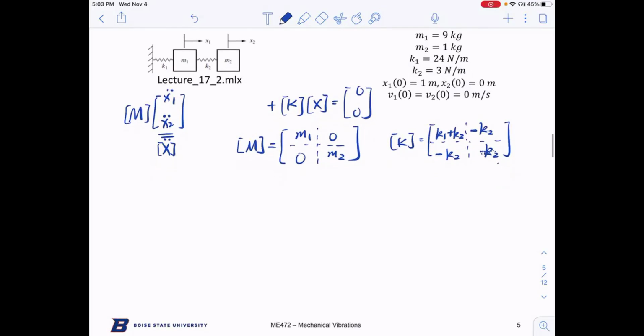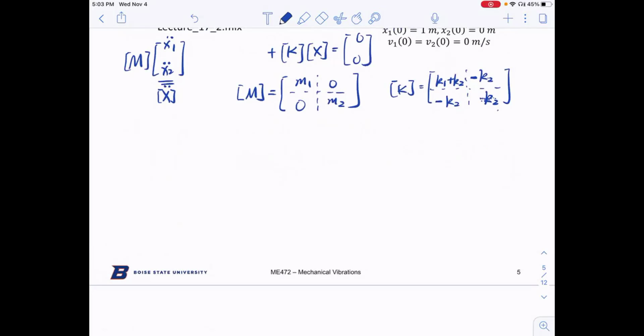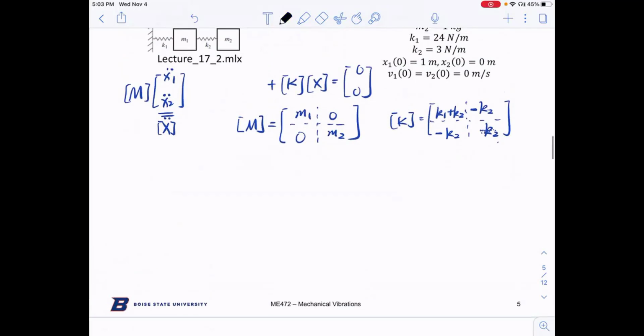All right. So the next step is we need to solve these in state space. To solve these in state space, you need to define a state variable first. Let's define it as x1, x2, x1 dot, and x2 dot.